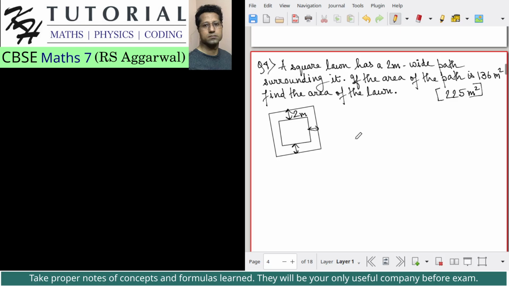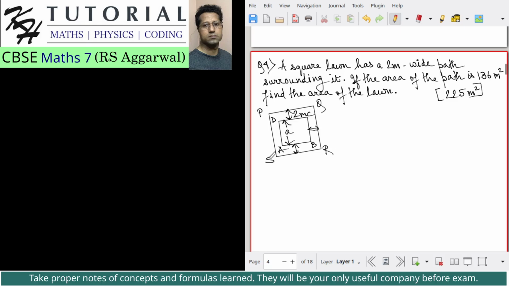Now let's say, find the area of the lawn. Okay. So let's say the length of each side of the square lawn be A. Let the square lawn be ABCD, and the outer edge of the path be PQRS.